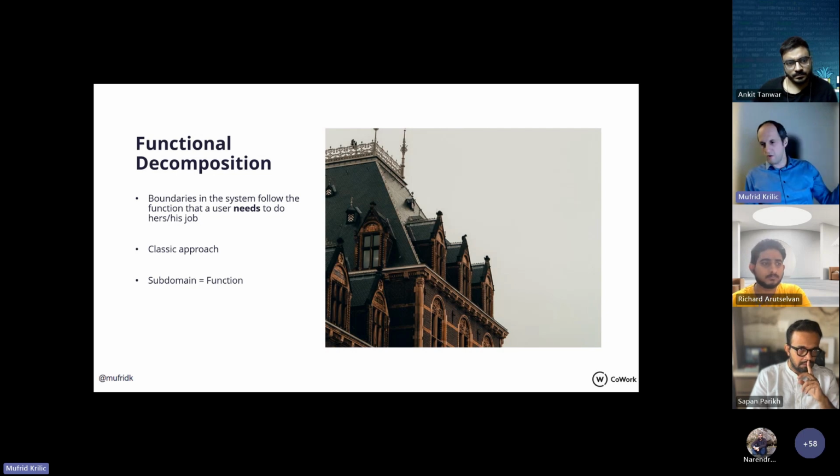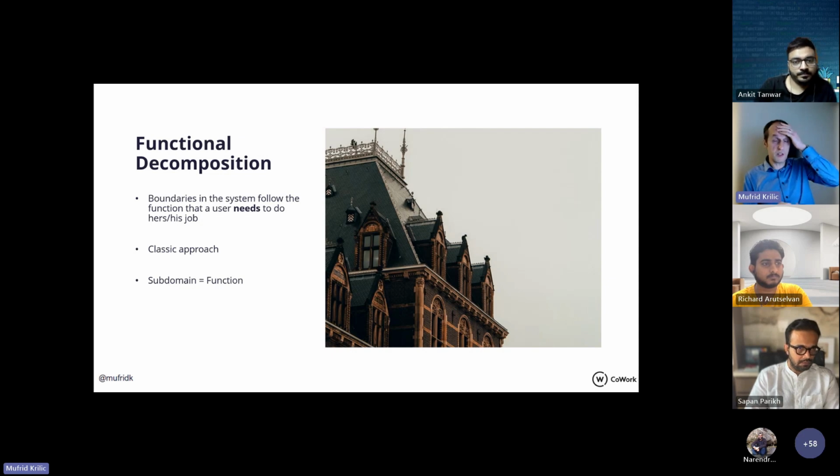We did a domain analysis to discover subdomains, and in functional decomposition, subdomains are functions. This is a classical approach. Many systems are built using functional decomposition.